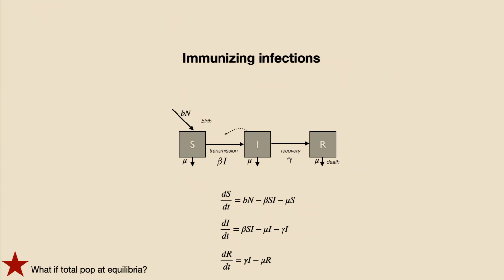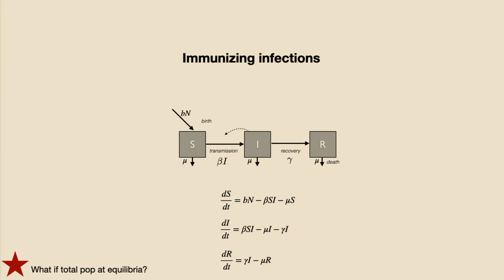Is there something else you could do rather than that? The derivative of the total population must be 0. So this plus this must be 0, right? So then what happens?